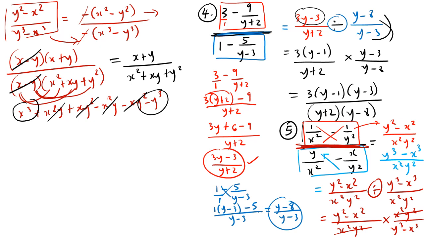This now brings us to the final result. But looking at this, I don't know if you can factor it. If it's possible to factor it, why not? But if it's not possible, then it will be prime. So your final result will be x plus y divided by x squared plus xy plus y squared.